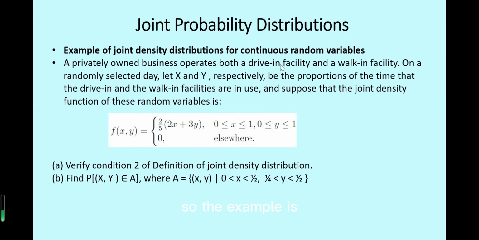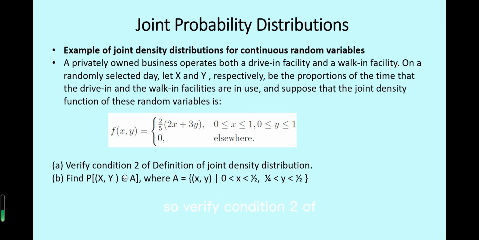So the example is a privately owned business that operates both a drive-in facility and a walk-in facility. On a randomly selected day, let X and Y respectively be the proportions of the time that the drive-in and the walk-in facilities are in use. Suppose that the joint density function of these random variables is f(x,y) equal to this expression in this region and 0 for any other region.